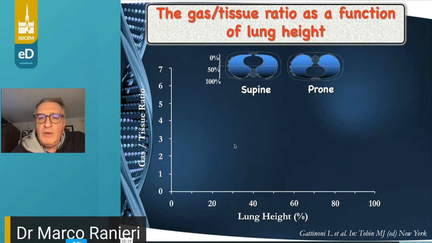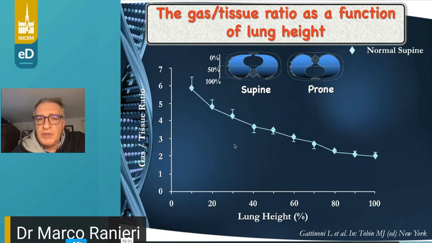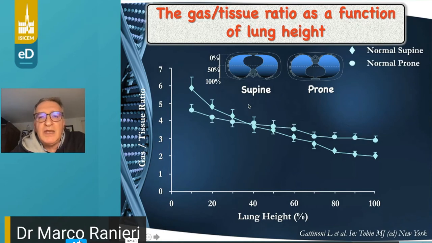Now, again, going to the original description of Gattinoni, you see that the gas-to-tissue ratio is a sort of functional distribution based on lung height. And this is true in the normal condition, when you see this vertical distribution in supine, that is attenuated by flipping the normal subject to prone.